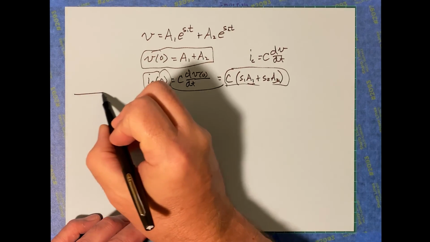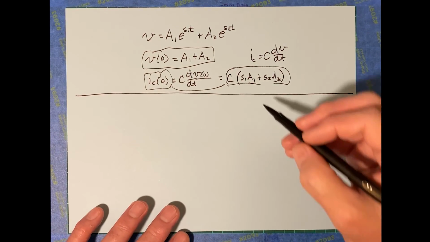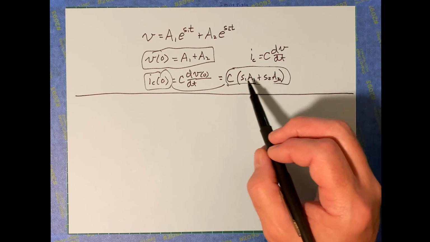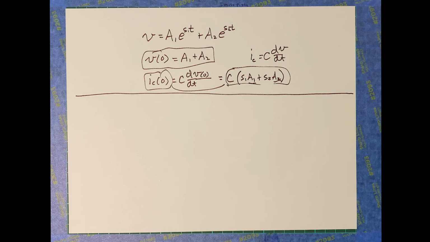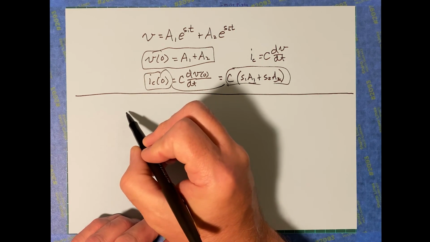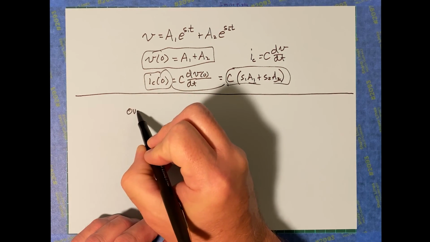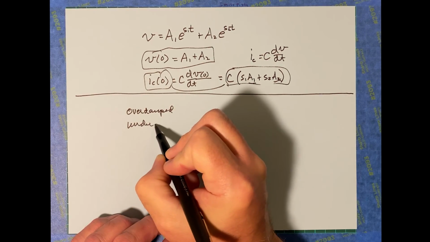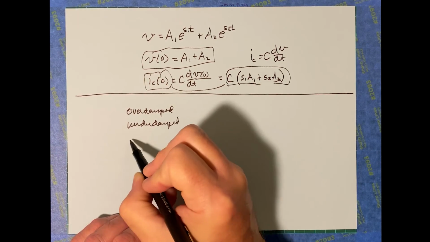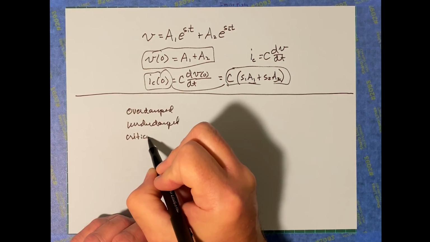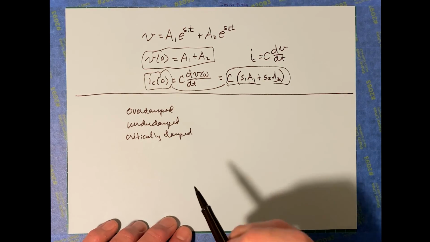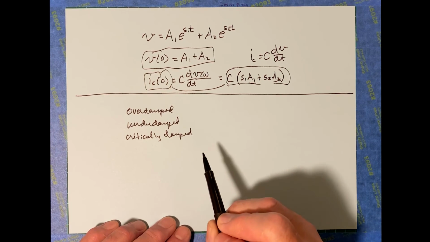All right, now, given that brief explanation, the problems are really going to boil down to figuring out what A1 and A2 are for this type of problem. You need to know that these three cases, the overdamped, the underdamped, and the critically damped, all three of those cases, the solutions look slightly different.